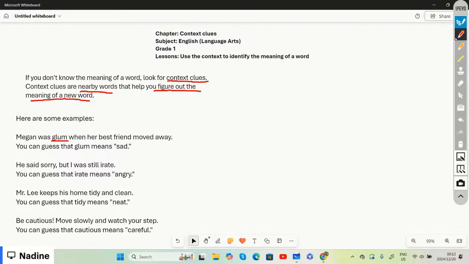So the question is, how would you feel if your best friend had to move away? We would be sad. So we can guess that glum means sad, because the sentence already tells us how she felt when her best friend moved away.